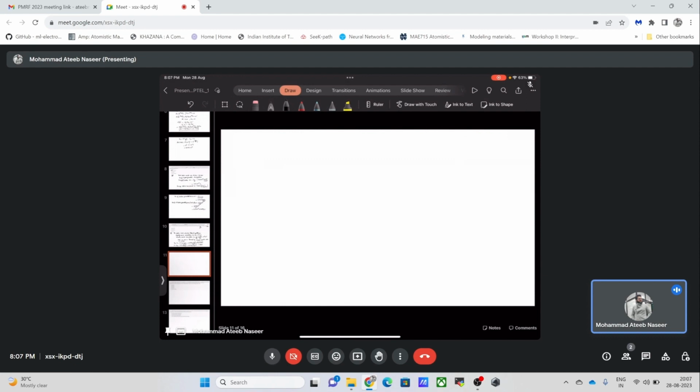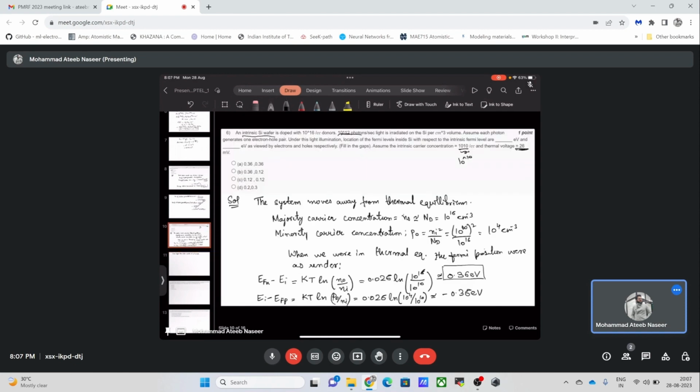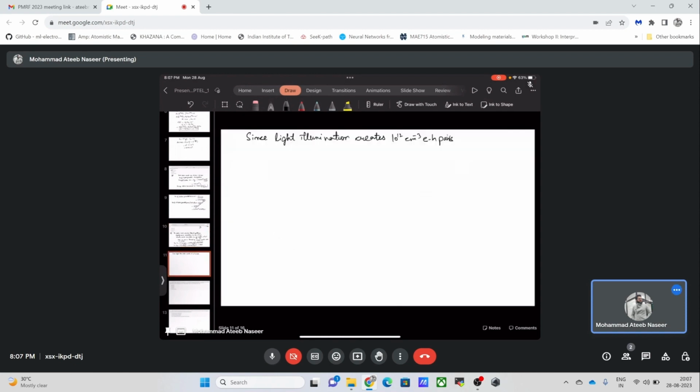So let us say that light illumination creates 10 to the power of 12 per centimeter cube electron hole pairs. I guess it's per second. Yes, electron hole pairs per second.